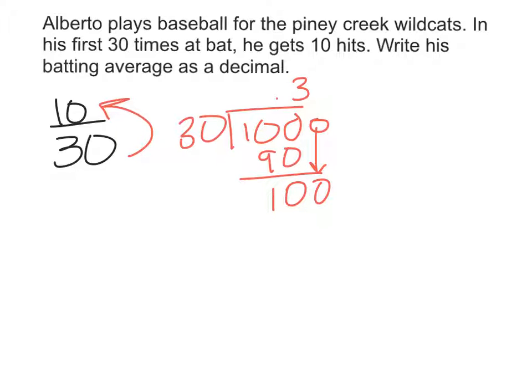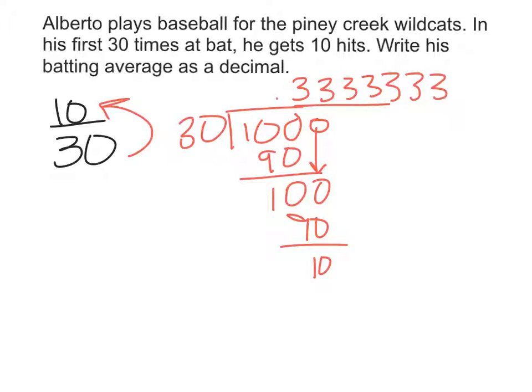And 30 into 100 again is 3, which again leaves us with 90 and a remainder of 10. As you can see, this decimal is going to keep on going forever. It's never going to end. And this is what's called a repeating decimal, because the 3 is repeating forever. It's never going to end.